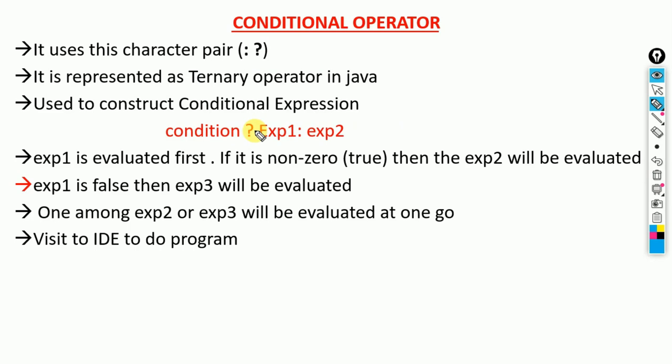Now, when does expression 1 or expression 2 get evaluated? If the condition is true, then the first expression will be evaluated. That gives us a depiction of the if-else block. That is not part of this lecture, but I will still show you some terminology of the conditional operator related to if-else.